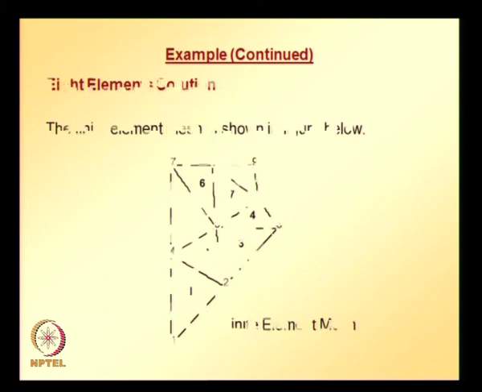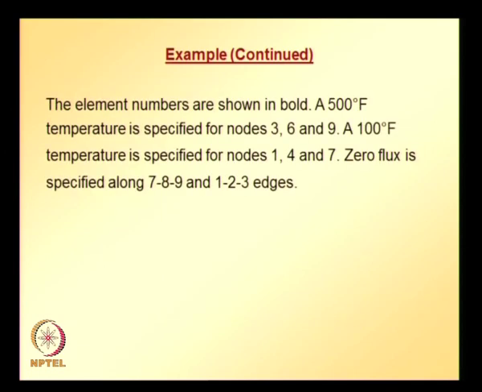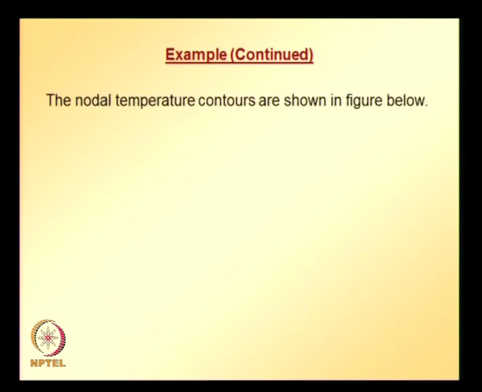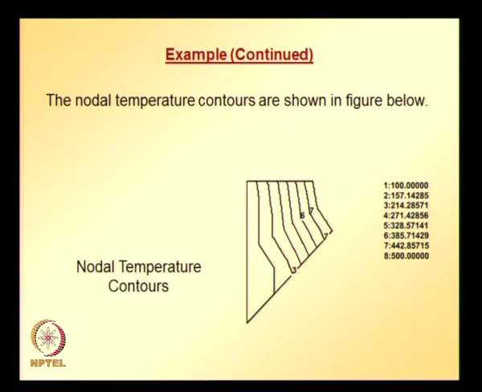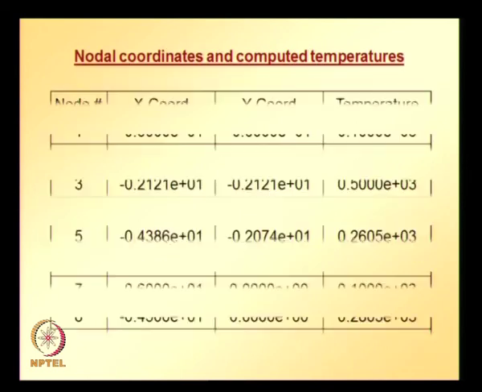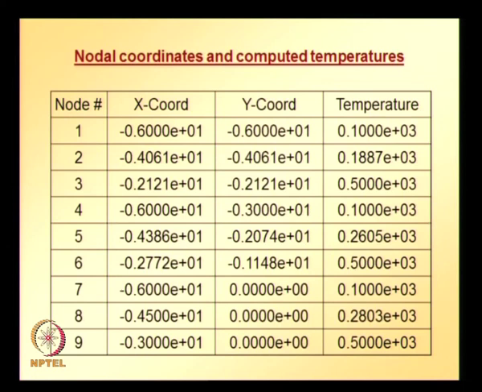So, with those boundary conditions, the nodal temperature values are computed. The model is solved after applying the essential boundary conditions, and the nodal temperature contours are shown here. And the numerical values at all the nodes are given in this table.